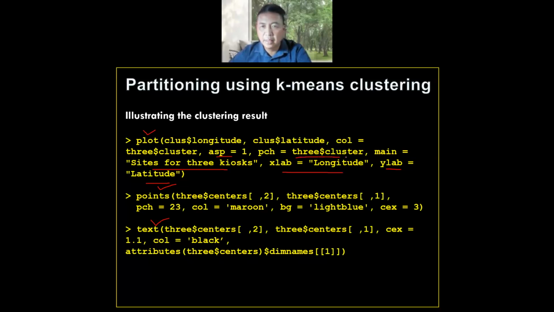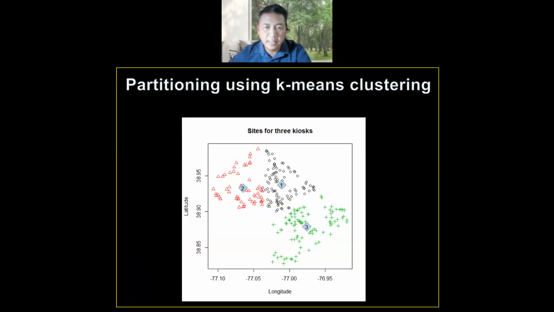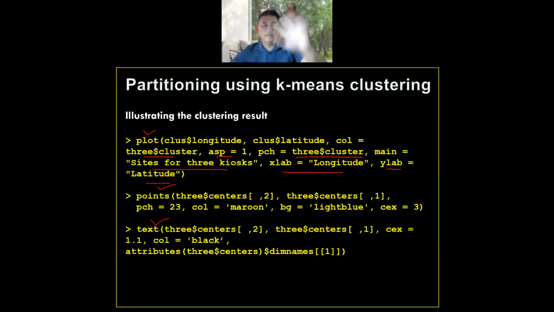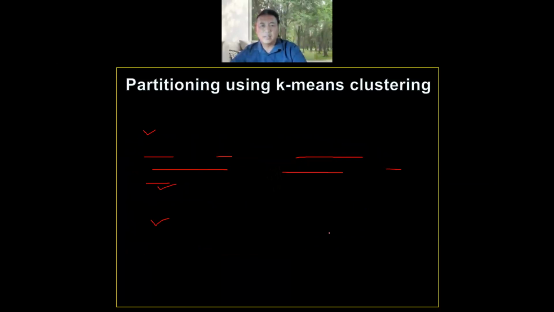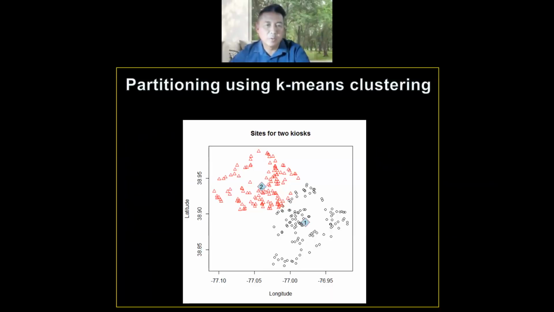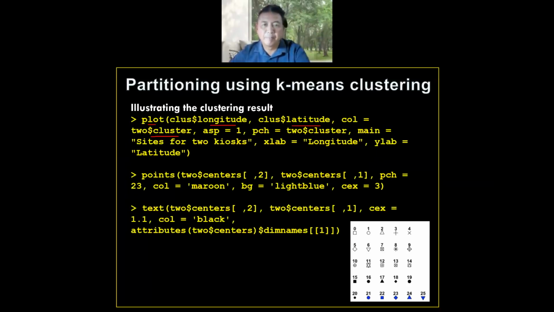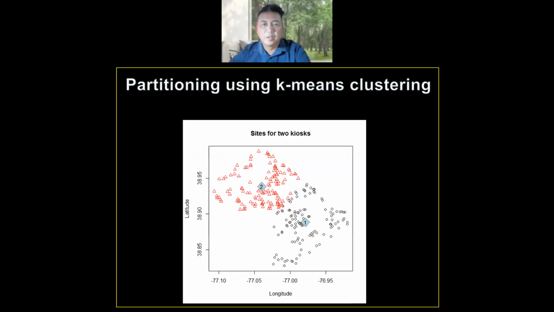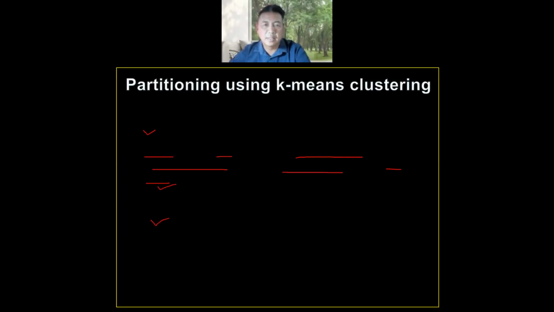This is the shape of your point, and this is the cluster ID, because we see here this is the cluster ID, and so on. If you want to do 2 or 3 or 4 clusters, you will use the same command also. So this is the cluster that we have.